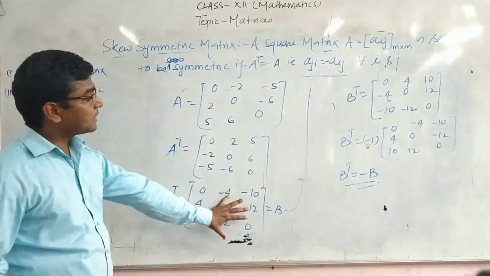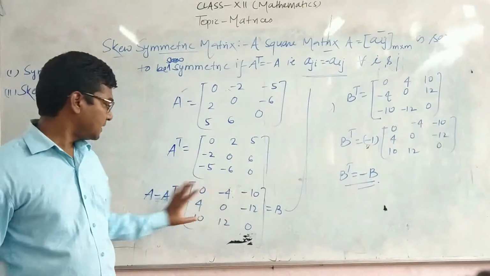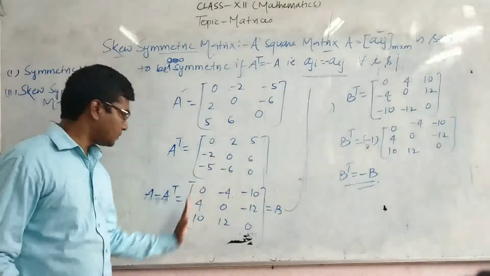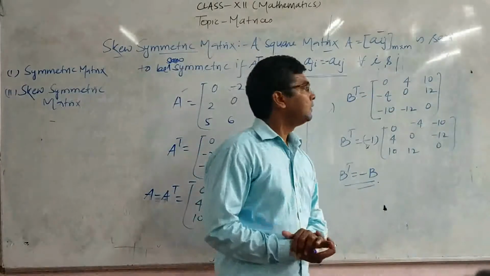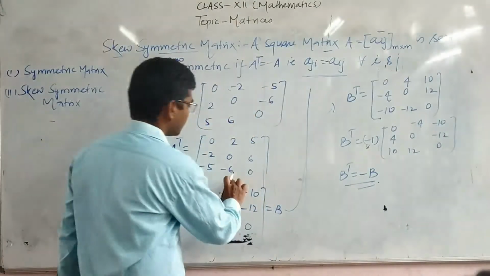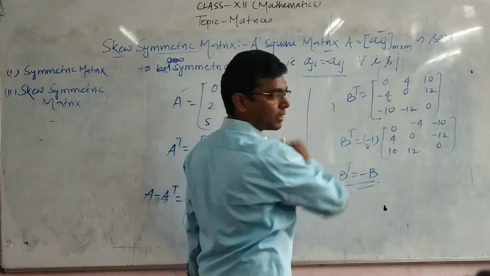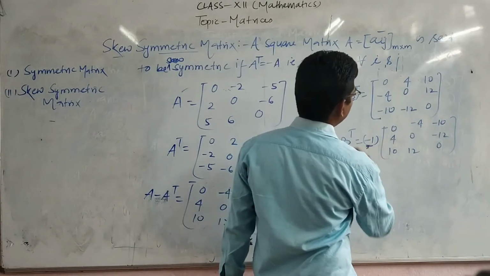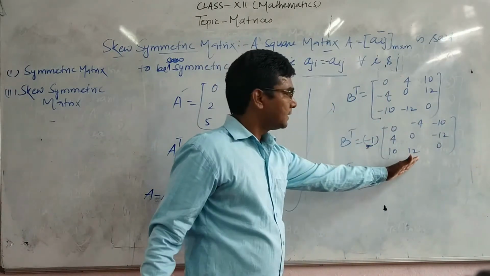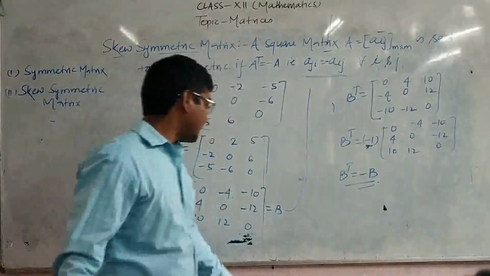If you take the transpose of this matrix B, the rows become columns. The first row becomes the first column, and so on. Now by a scalar multiple of -1, we will get this matrix, which is nothing but matrix B.